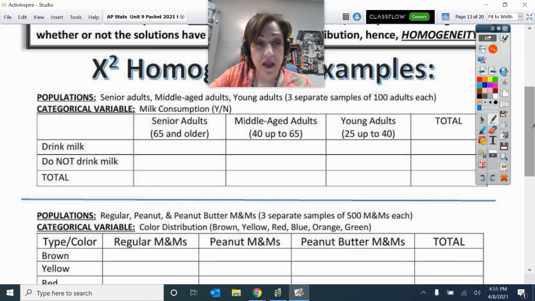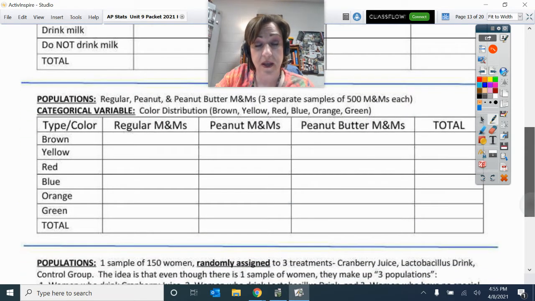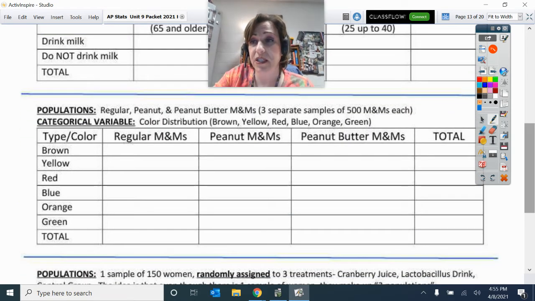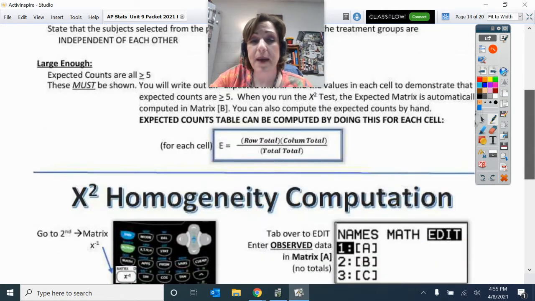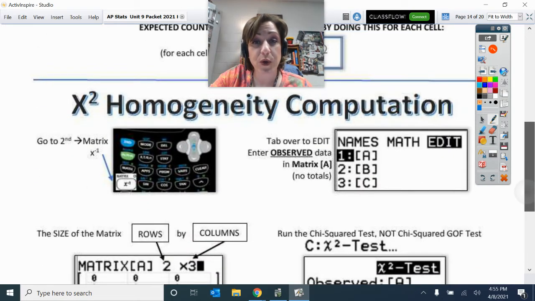All of these in this table are observed. So multi-dimensions of observed, not just that single dimension of observed in list 1 like we had in chi-squared. So what happens then is we have to go and put our data in a matrix.